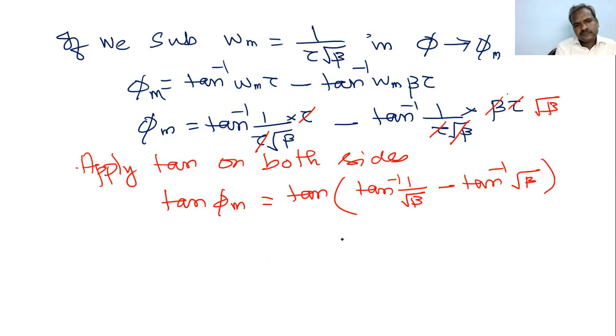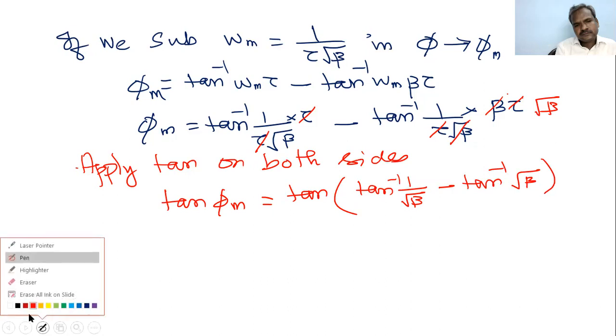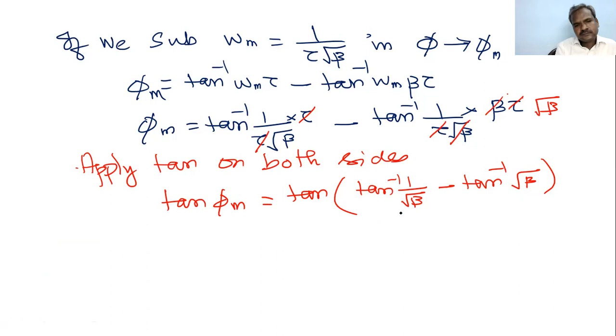So again we can use the tangent property of tan of A minus B. This is tan A, this is tan B.